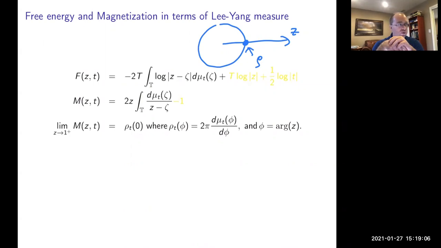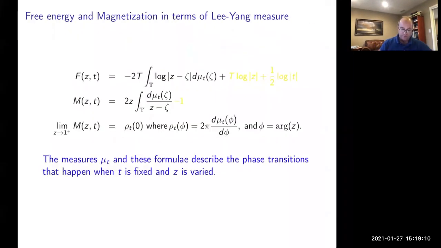So it's a beautiful description. And so again, the point is that if you understand the limiting measure of Lee-Yang zeros, which in this case depends upon a parameter t between 0 and 1, your temperature, if you understand it for all t, then you understand the phase transitions when t is fixed and z is varied.